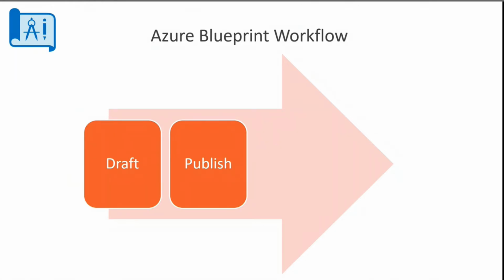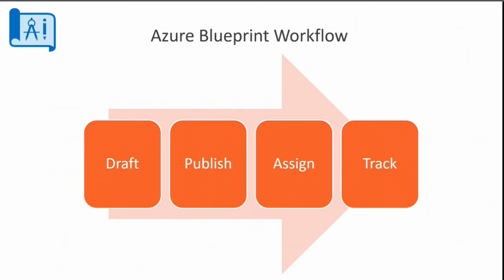Only published blueprints, I should say, can then be assigned at a management scope. And in Azure Resource Manager, your usable scopes are the management group, the subscription, and the resource group. And then after that, like anything else in Azure, it's about tracking and auditing and remediation and that kind of stuff, and ongoing maintenance.